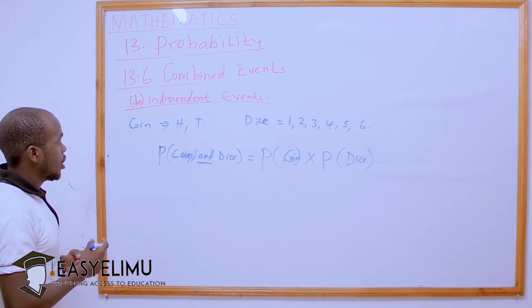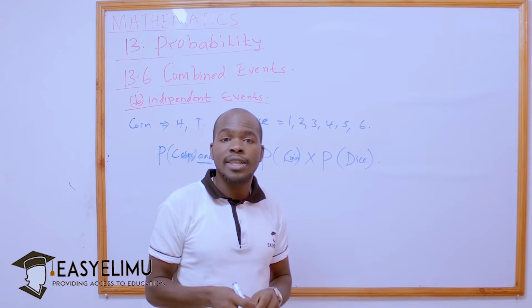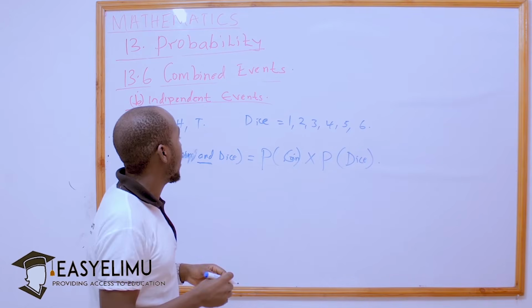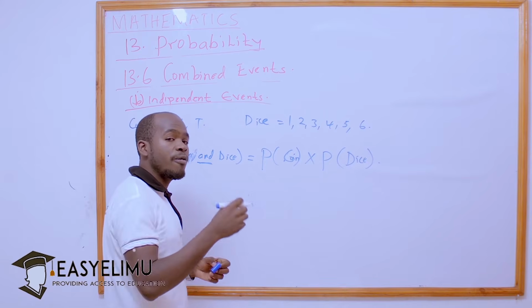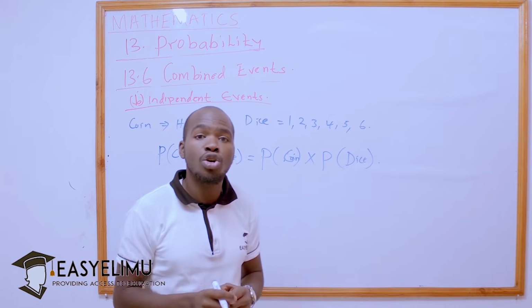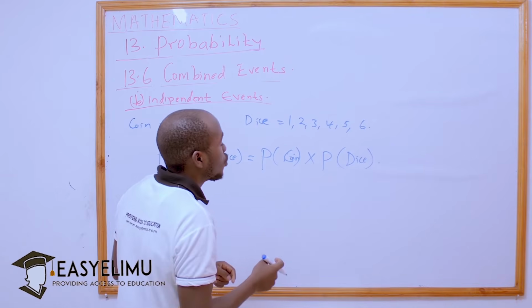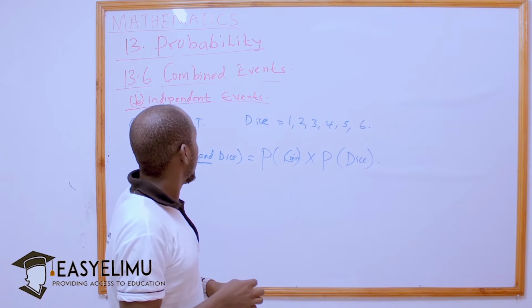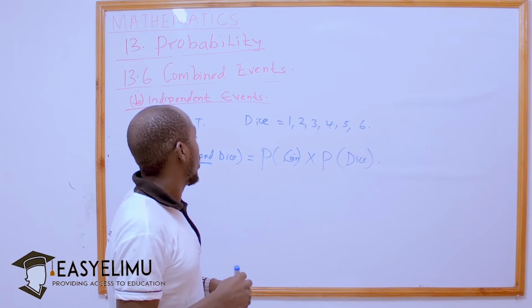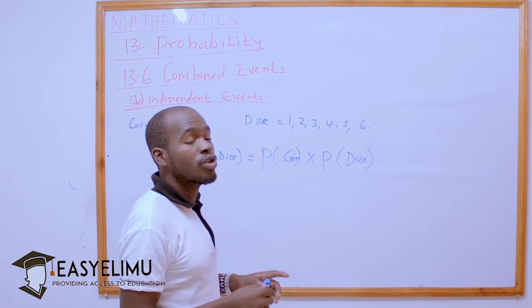For this case, if you are asked, for example, to find the probability that the occurrence is a head and a number 1 showing up if a dice and a coin are tossed once, then we are going to have a sample space, and under that sample space, you will have a head and a 1 occurring only once, so it will be 1 over the total sample space.